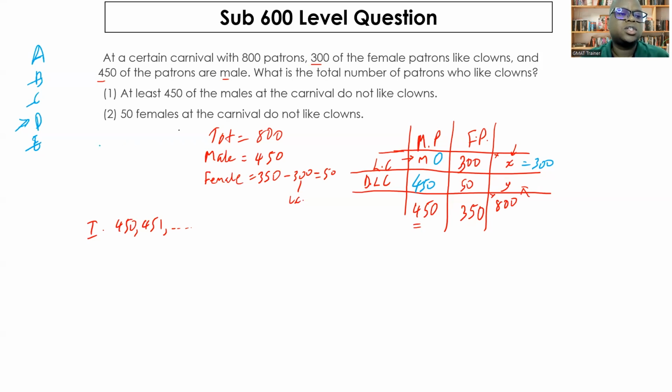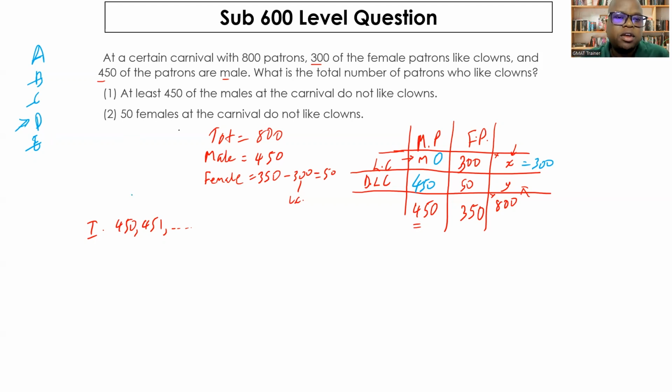If it is sufficient, the answer choice will be D, which means both statements alone are sufficient. If the second statement is not sufficient, then we'll remain with A, which says that statement 1 alone is sufficient.